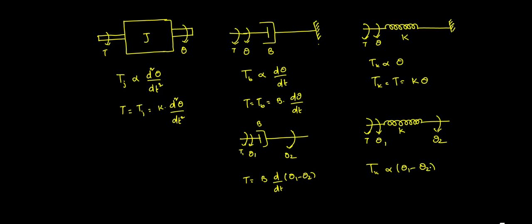Removing the proportionality constant, the total torque T is equal to Tk, which is K into theta 1 minus theta 2. That is how we can get all the mechanical rotational system elements.